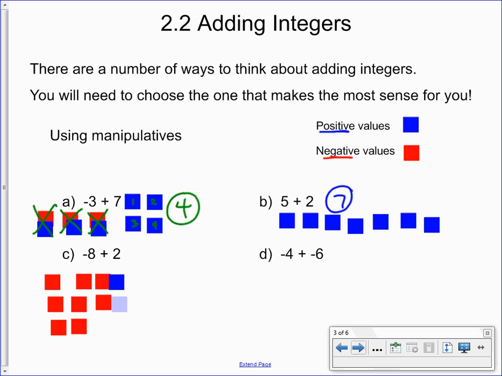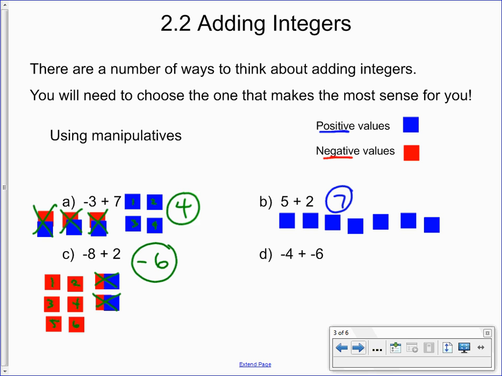So notice I put the 2 positive values next to 2 of my negative values, because 1 positive, 1 negative, they cancel each other out. So what we're left with then is these negative values, of which we have 1, 2, 3, 4, 5, 6 negatives left. So negative 8 plus 2 has an answer of negative 6.